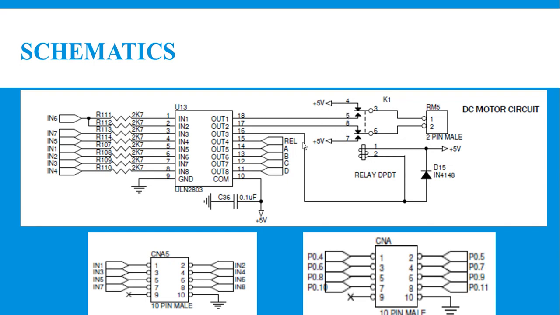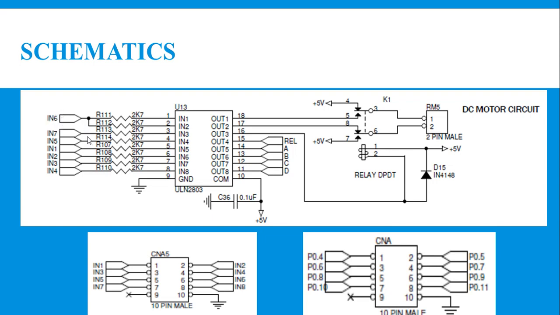Look into the schematic. The 18th pin and the 17th pin, that means output 1 and output 2 of the driver 2803, are connected to the normally closed and normally open terminals of the DPDT. These two corresponding input ports, in 1 and in 2, are shorted together and connected to the IN6 terminal.